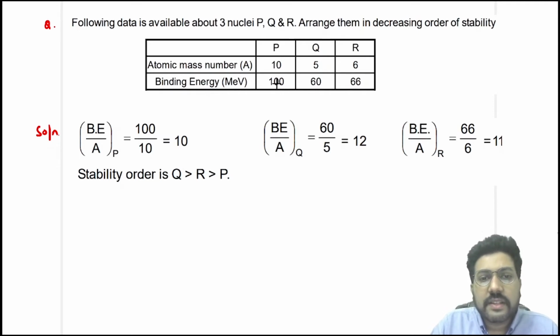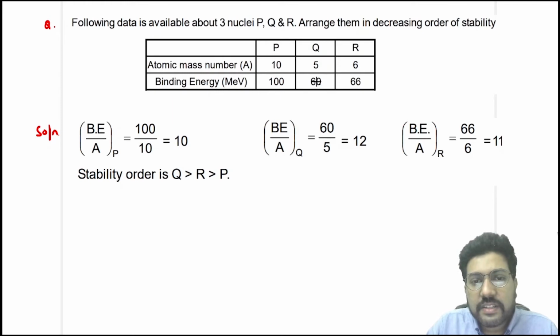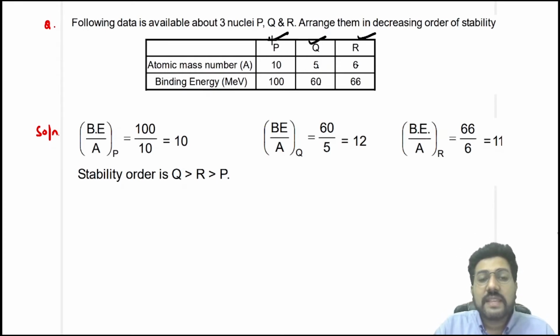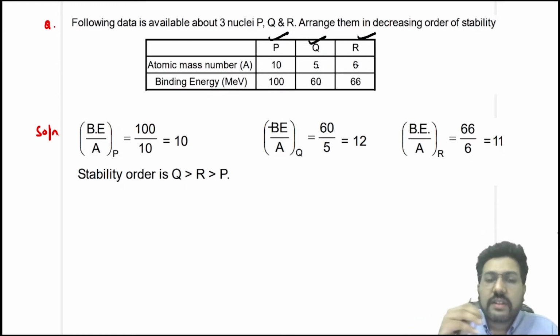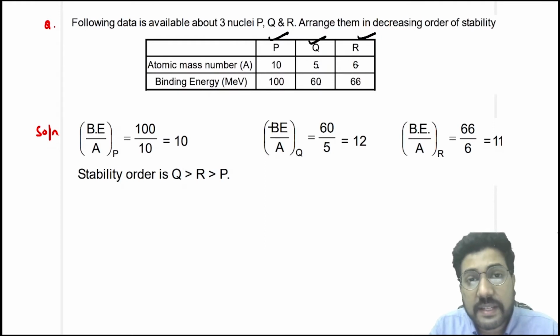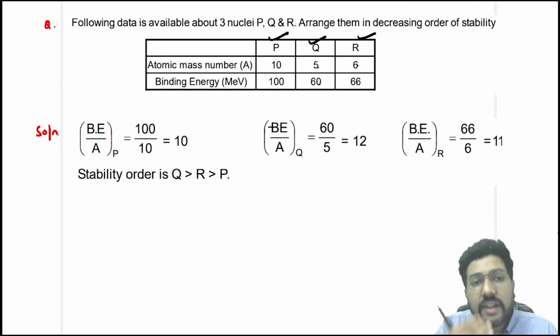See, here the binding energy per nucleon is 10. Here the binding energy per nucleon is 12. Here the binding energy per nucleon is 11. So that means Q is the most stable, then R, and then P. In fact, P is the least stable here even though it has more binding energy. So binding energy is not a deciding factor for stability, but binding energy per nucleon is the deciding factor for stability.